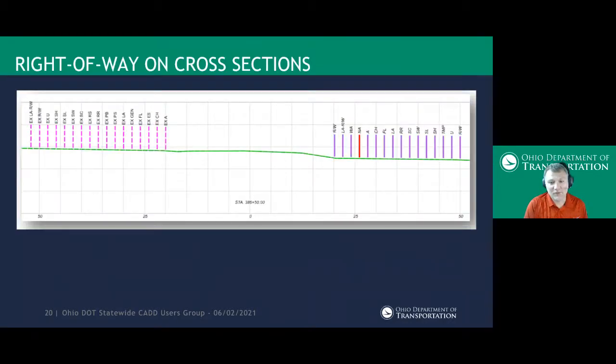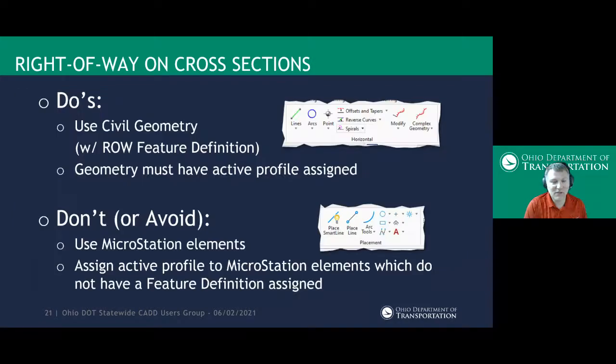So this is obviously the end result we want to see with the right-of-way shown on a cross-section sheet. I wasn't sure how to organize several of these slides, so I have a couple do's and don'ts. We really would like to see this done with civil geometry and using the correct right-of-way feature definition.